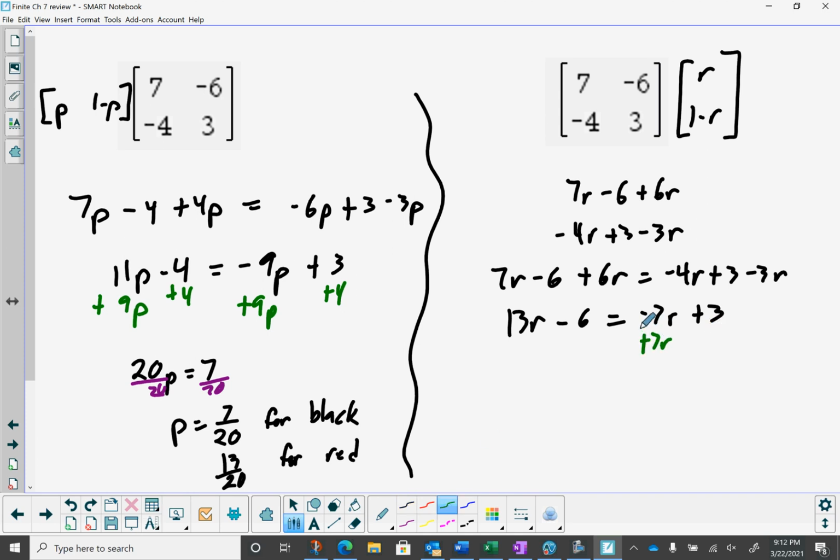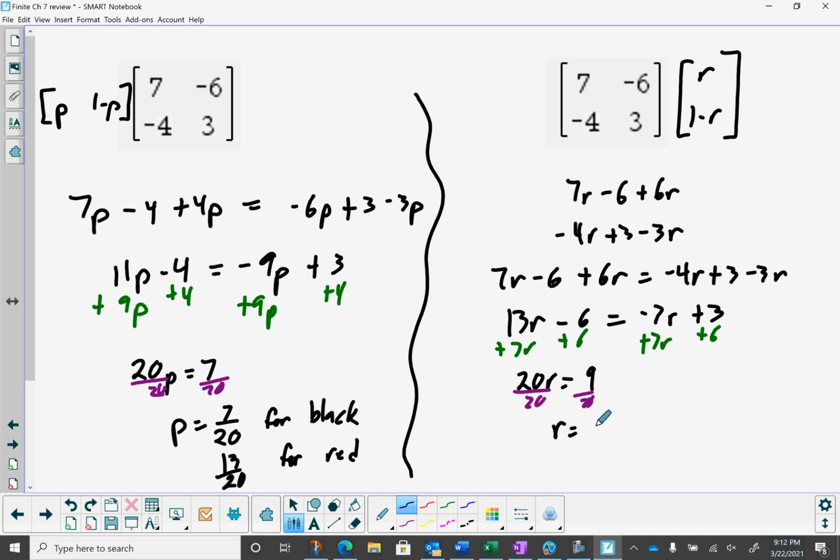Let's add 7R to both sides. Well, isn't that interesting that we're going to get the same denominator. And then variables go to the left, so that means constants go to the right. A little bit of dividing.